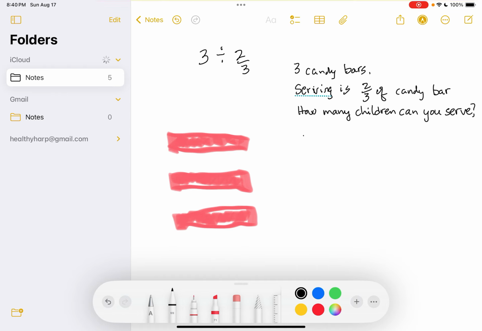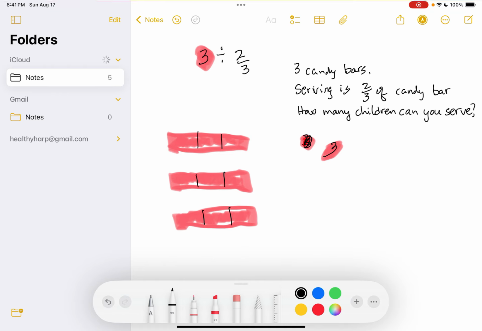So I'm going to start with my 3 candy bars, and I'm going to cut them into 3 pieces each. Okay? So this 3 here, let me draw it a little better. Is this 3 here, okay? Now, when I cut these into 3 pieces, I have 9 pieces, right?